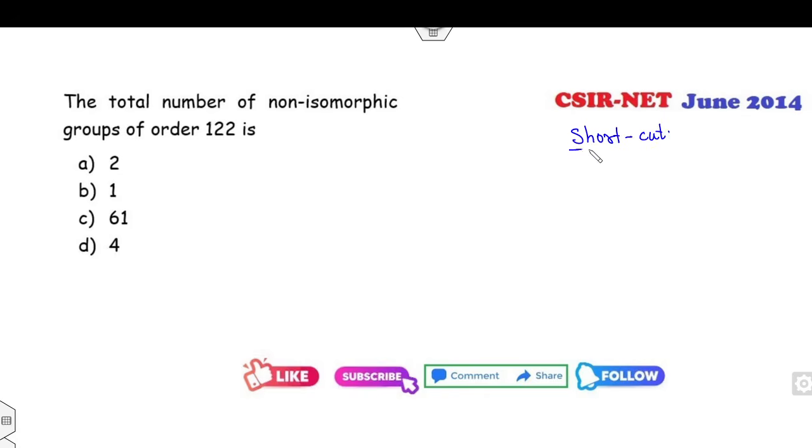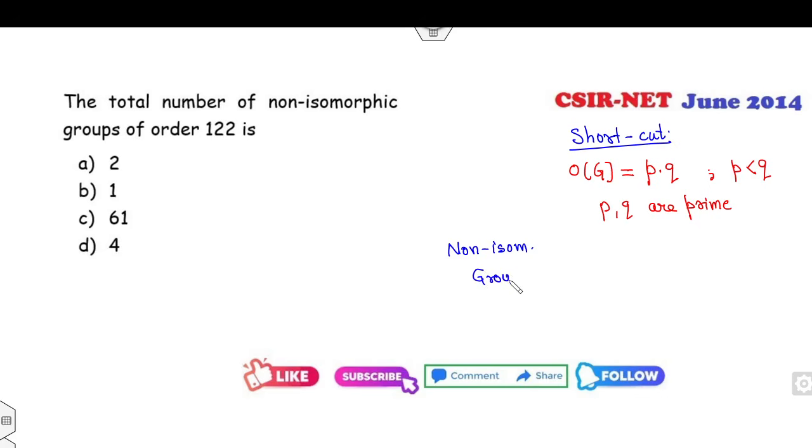If the order of G is P into Q, where P and Q are primes such that P is less than Q, then the number of non-isomorphic groups will be either 1 or 2.